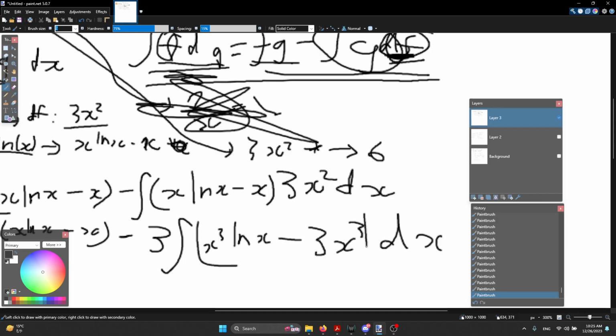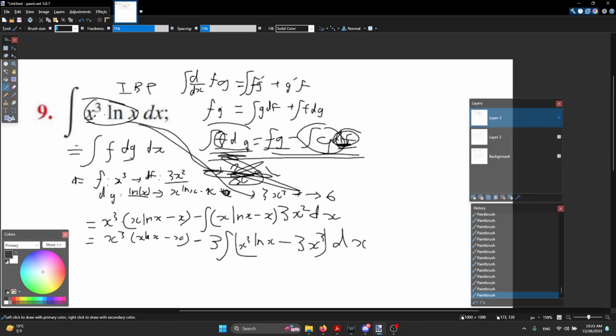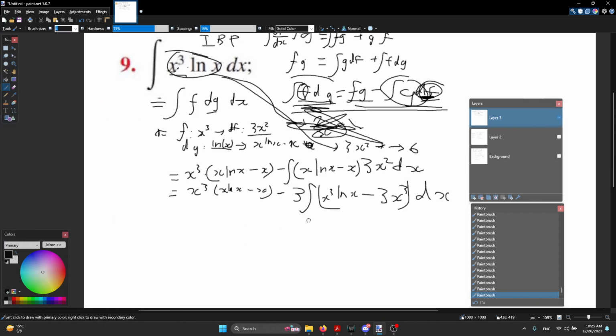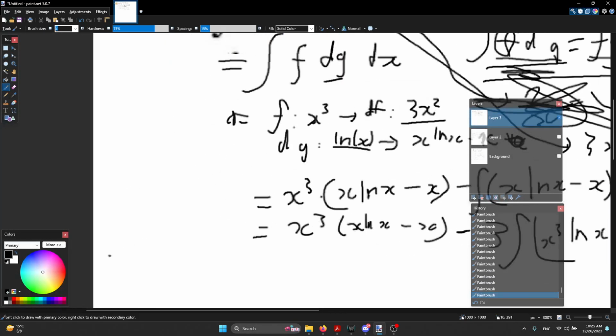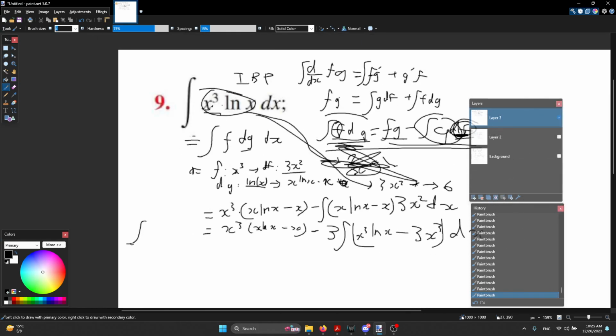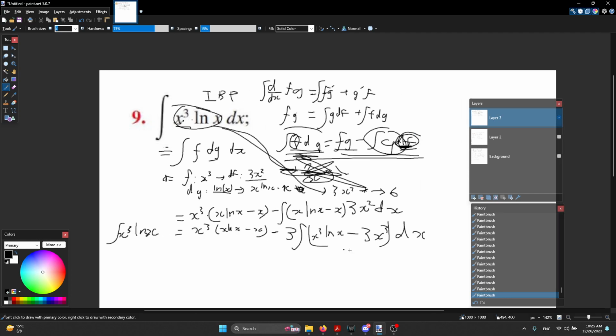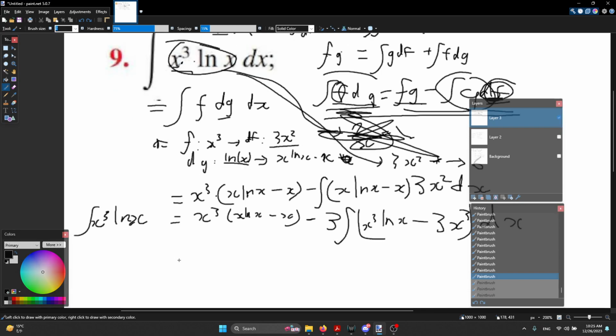Okay. So now if you look, this is what we're finding, right? So we can just move it to the other side. Let me write the whole left hand side out so it's less confusing. So the integral of x cubed natural log of x. So we can just move this over here to simplify it, and we only have to integrate this with respect to x. So let's write it out a bit more.